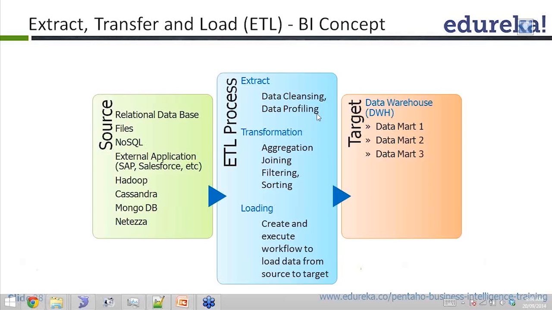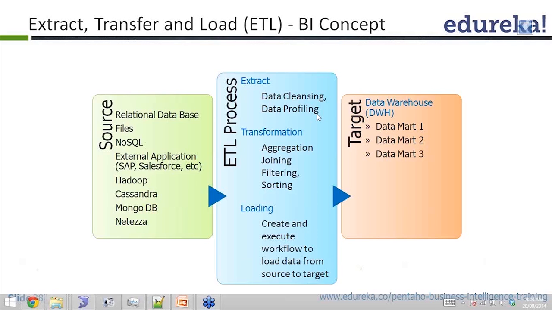Then the central part, where ETL is happening, where extract is extracting the data from the source, then doing some analysis for data errors. If an error is there, then it will cleanse the data, then do data profiling, and once it is done, it will push to the next process, which is transformation.